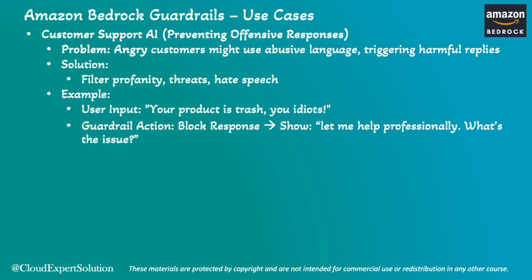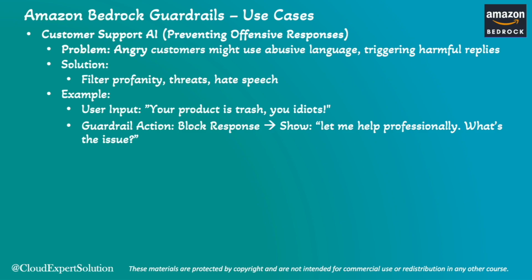Here an example could be, let's say the user is very mad and is using some abusive language. In that case, your guardrail can block those responses and show a respectful message like, let me help you professionally. What is the issue? Even if the user is using abusive language, AI is blocking those and generating a polite message.